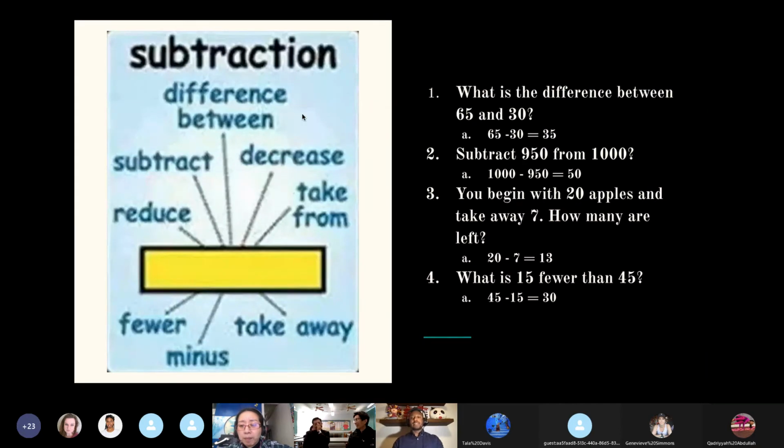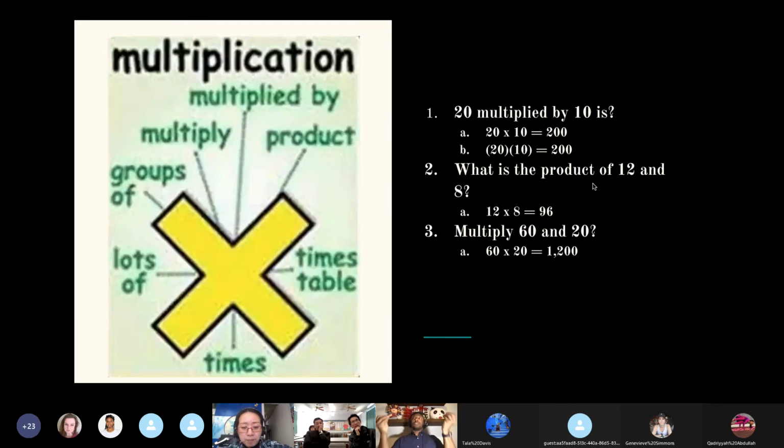Product is another word that, when you're taking math classes and when you're in academia, is used often when speaking of multiplication problems. So what is the product of 12 and 8? 12 times 8 equals 96. And then, of course, multiply 6 and 20, and you would get the 1,200 there.